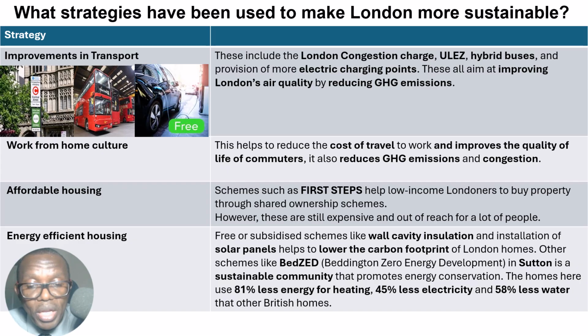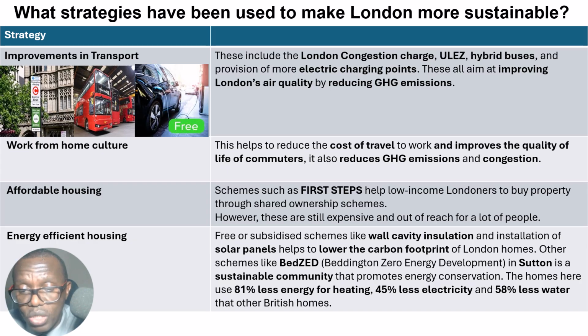There is also installation of solar panels in London homes. That was a good scheme because it has helped a lot of Londoners have solar panels and wall cavity insulation.